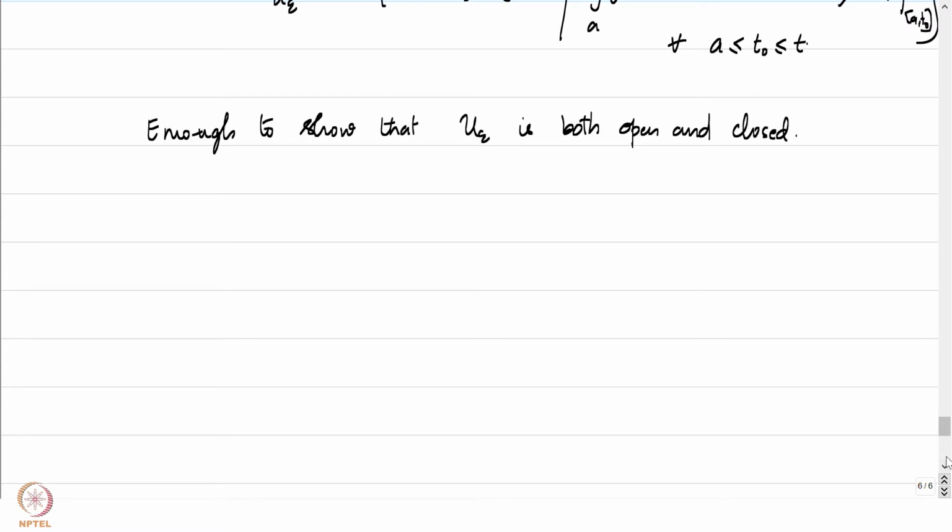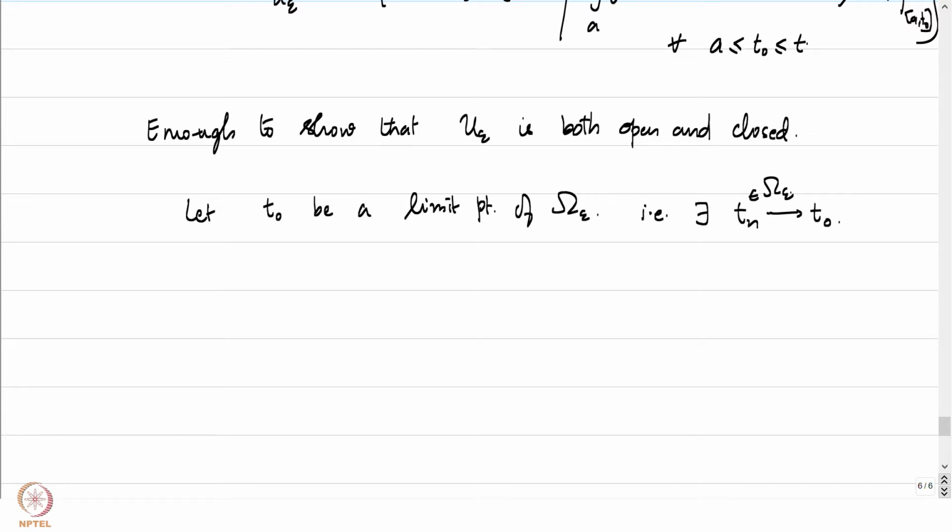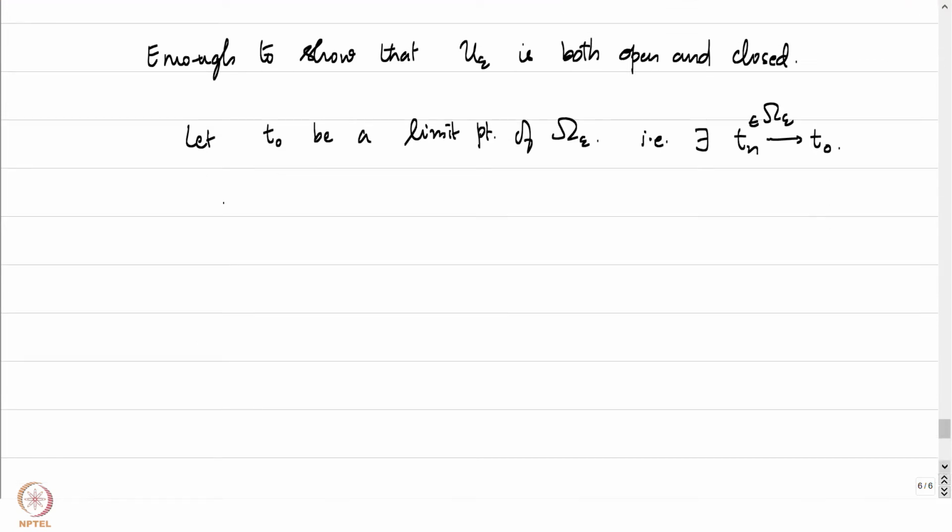Let's prove its closedness. So let t0 be a limit point of omega epsilon. That means there exists a sequence Tn converging to t0, where Tn are elements in omega epsilon. So the first observation is that if Tn is greater than t0, then we are done.